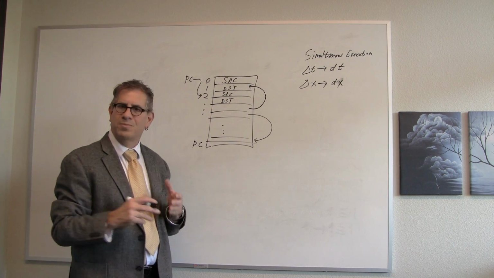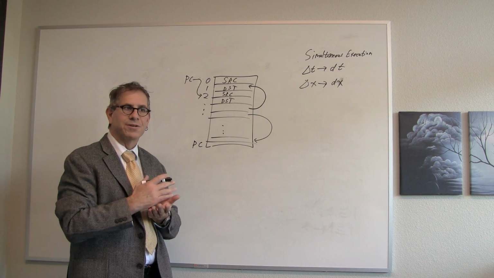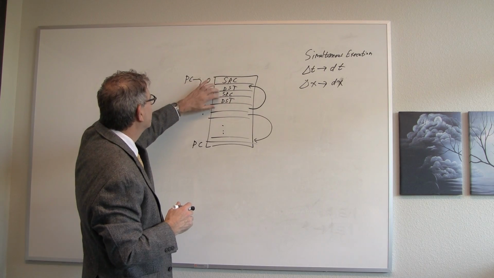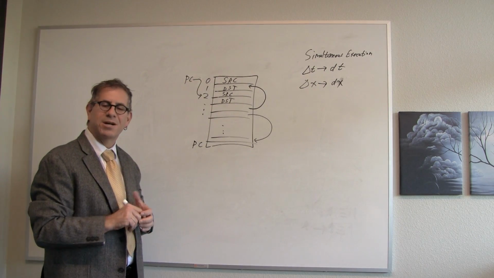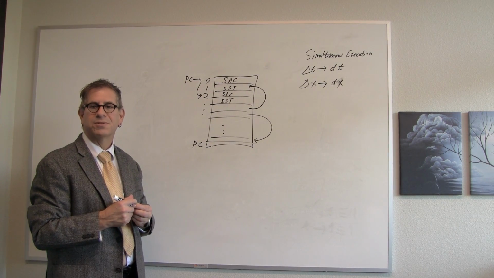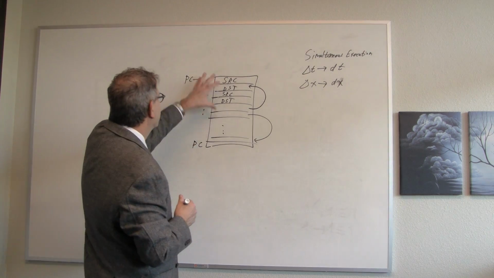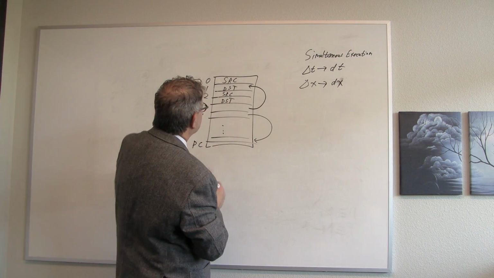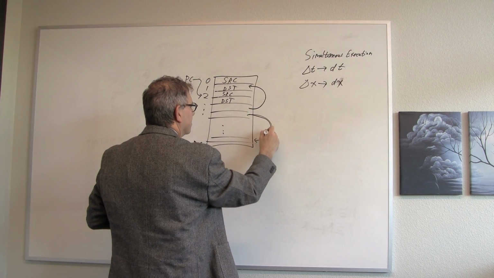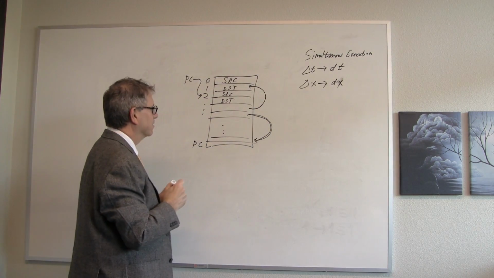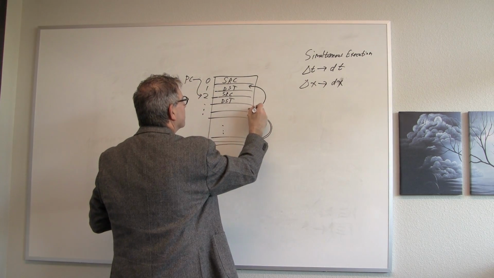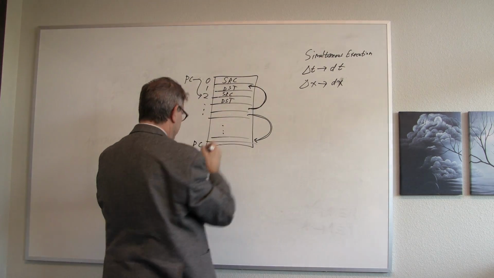But if we let the system move forward a very tiny amount in time, and then reevaluate what these instructions are saying, and possibly change what the transfers are that are being called for by this program, if you will. So for example, this source destination pair says, take this location and copy it down to here. And at the same time, this source destination pair says, take this and copy it over here.